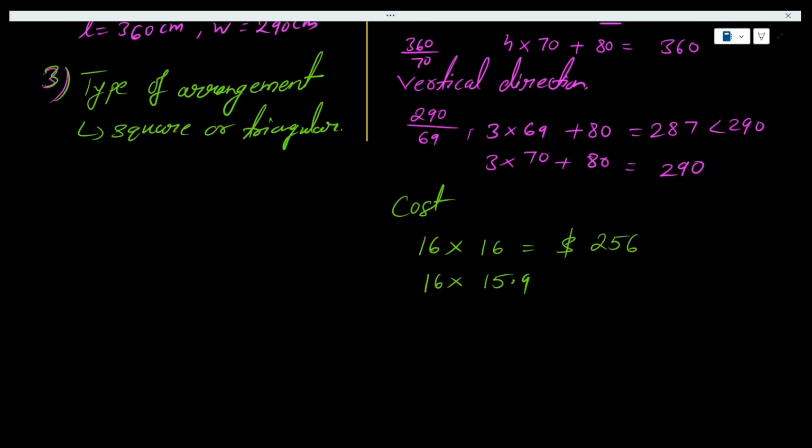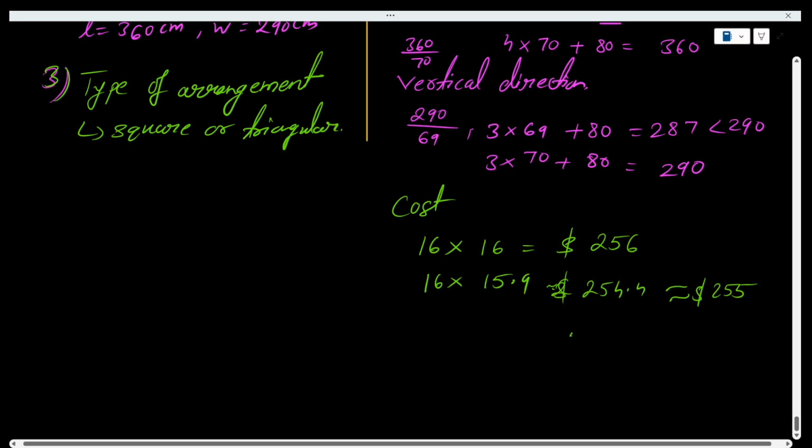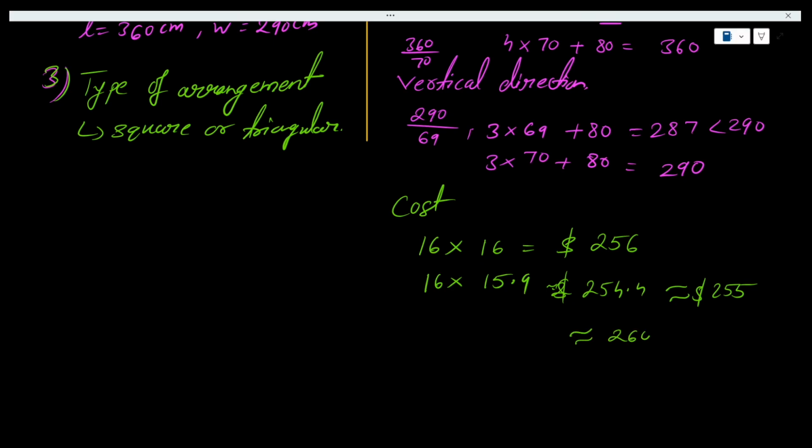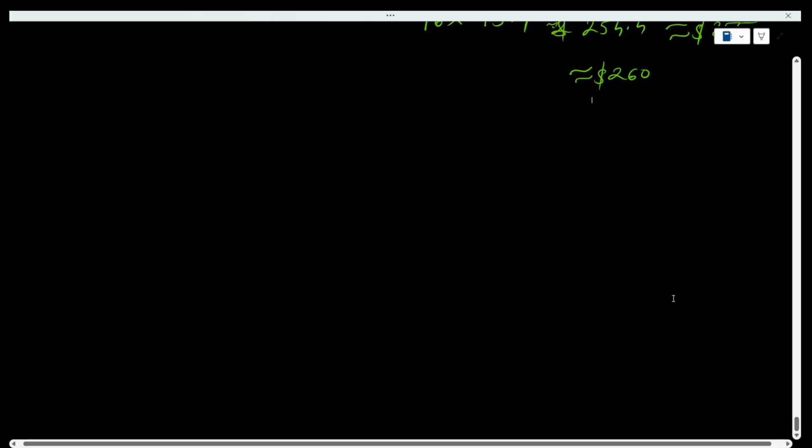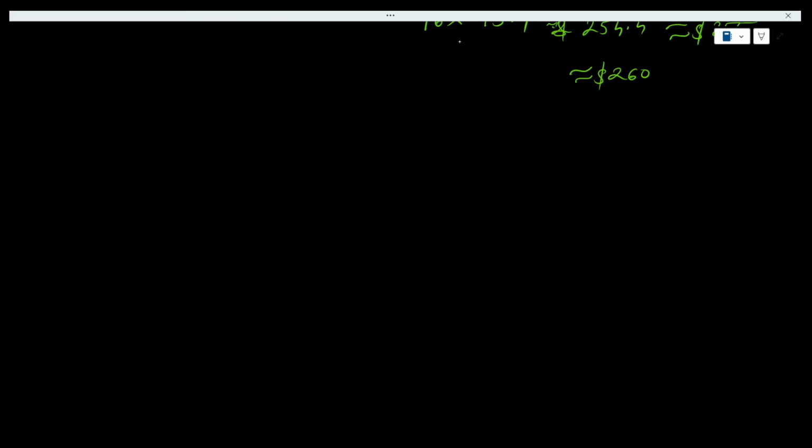Later on you can also do the rounding, 254.4, which is approximately $255. Approximately you can write down the answer as $260 as well.